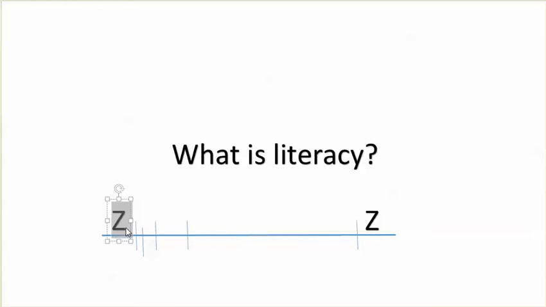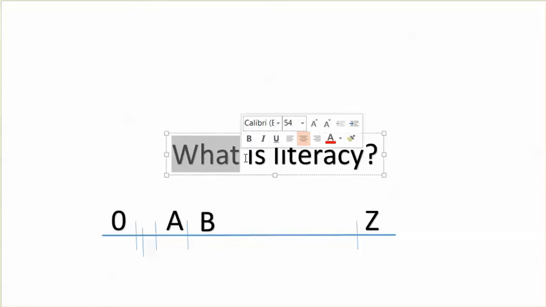So this would be 0, people who have no literacy, but then you will also have people who have a little bit of literacy, and people who have a little bit more literacy, so we call them B. B is not as literate as Z, but A and B can probably read a word if you ask them to, or they might even be able to read the whole thing.